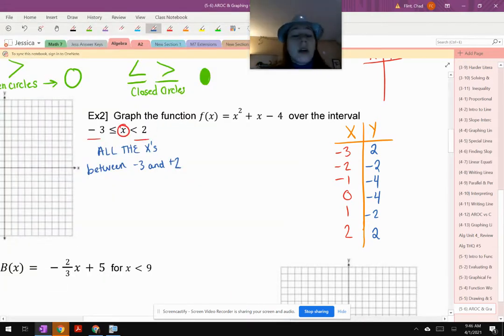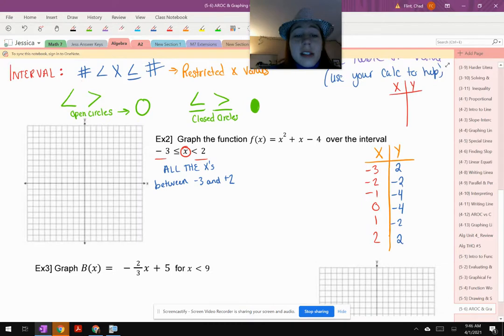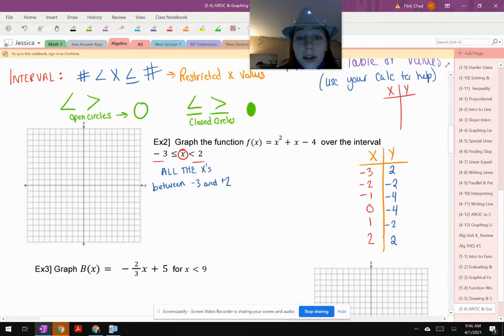Boom. Okay, so the last thing we need to pay attention to is if there are any open circles on our graph. And there are, because of this inequality right here. That's saying less than 2, which means that at 2, let's be more specific, at x equals 2, there will be an open circle.